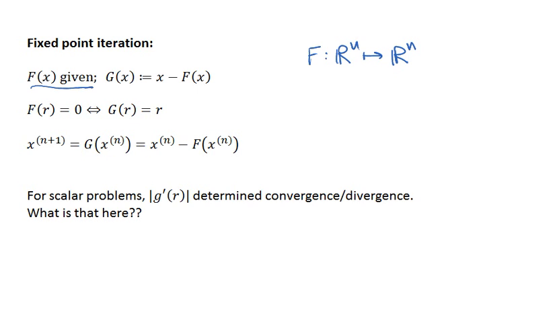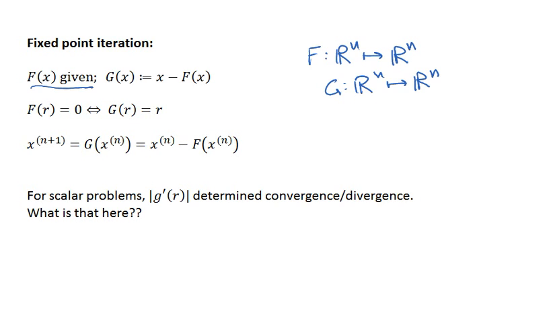So x is an n vector, f of x is an n vector, so g is also a map from n dimensions to n dimensions. And furthermore, the algebra is very simple. If f of r is equal to 0, then g of r is equal to r, and vice versa. So a root of f is the same as a fixed point of g.